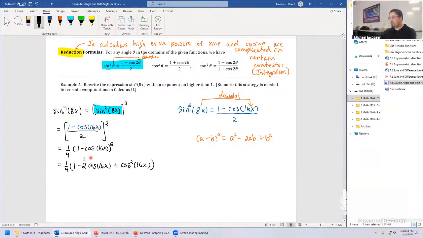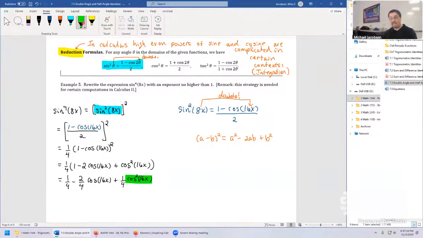So let's distribute the 1/4 through. Notice we still have a problem. Like we mentioned, there's still a power 2 there we have to resolve. But at the moment, this is 1/4 minus 2 times 1/4, or 2/4 cosine 16x plus 1/4 cosine squared 16x.